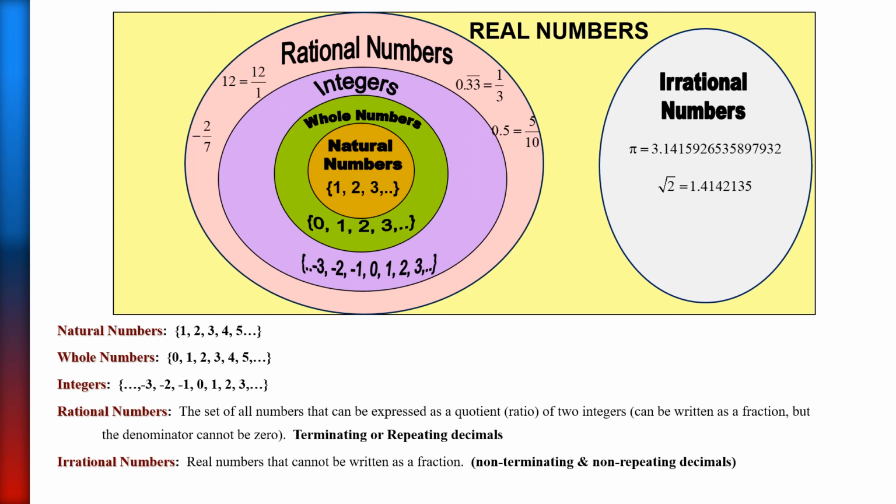Other things are non-perfect square roots, for example, or it doesn't have to be a square root, any root. Non-perfect roots would also be irrational numbers. For example, the square root of 4 is a perfect square root. It equals 2. But the square root of 2 is not a perfect square root.